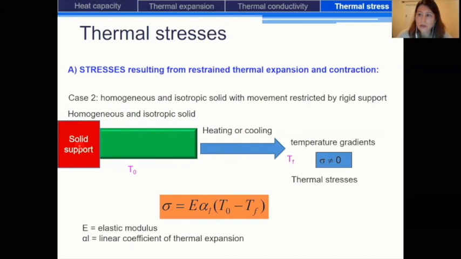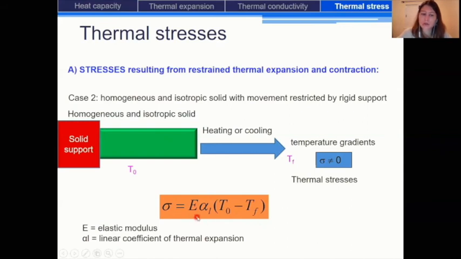At the beginning, it is at the temperature T0, and then it is heated or cooled to a final temperature TF. In that case, we will observe a temperature gradient. So the thermal stress won't be equal to 0, and it is equal to the following equation.